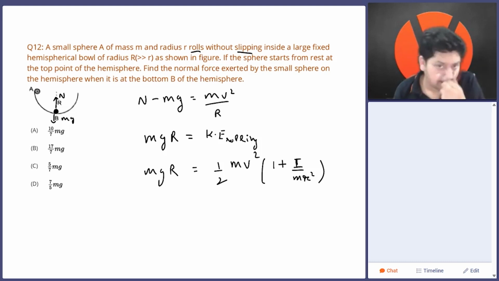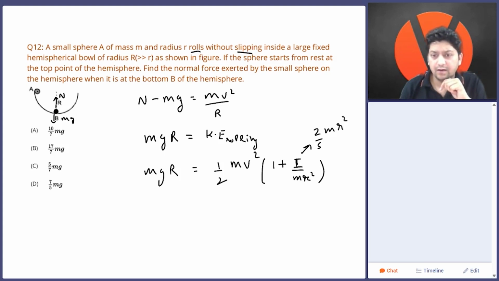Mg capital R, because the height lost is capital R. Because this is a sphere, the moment of inertia is 2 by 5 mr square. Mr square and mr square cancel out, and m and m cancel out. So gR is equal to v square into 1 plus 2 by 5, which is 7 by 5.